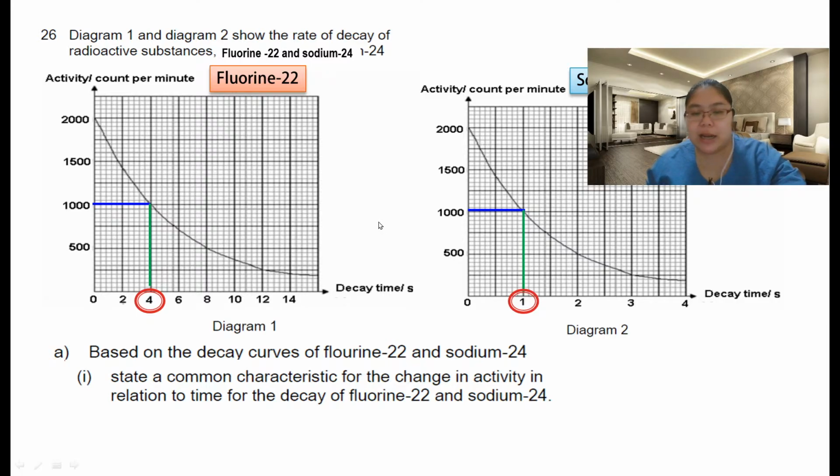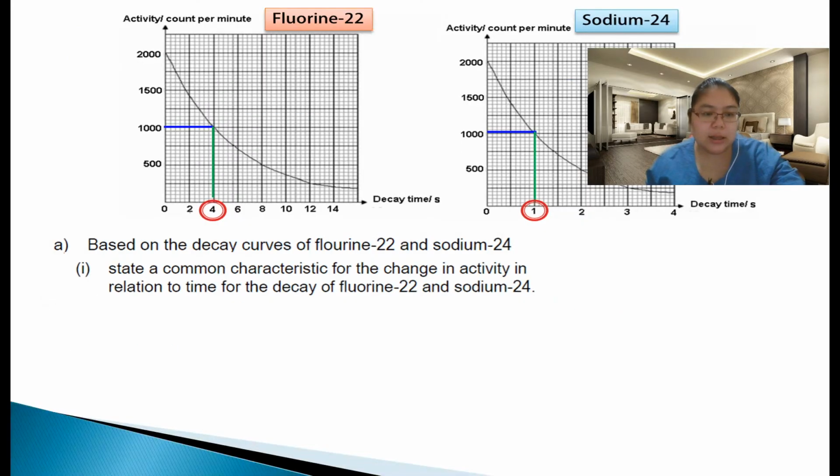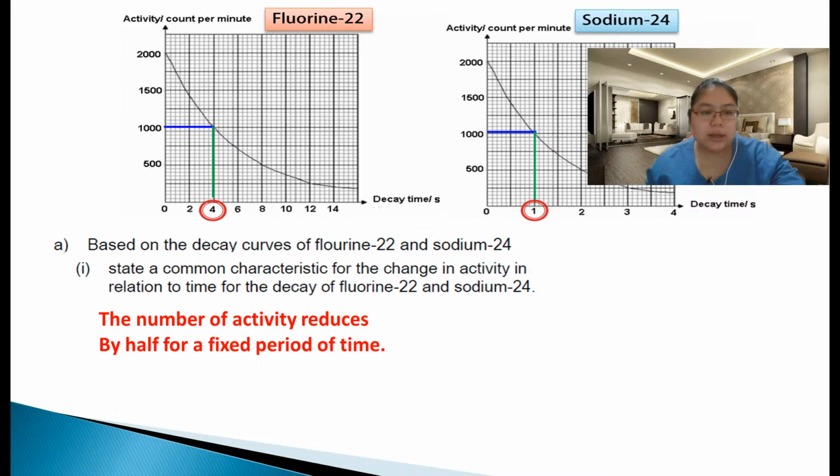I never say both diagrams are the same. I just say for the fluorine, when it drops to half, the half-life is constant. The sodium is also the same: when it drops to half, the time taken is also constant. So this is the common characteristic. See how to write it: the activity reduces by half for a fixed period of time. Your half-life period must be fixed.